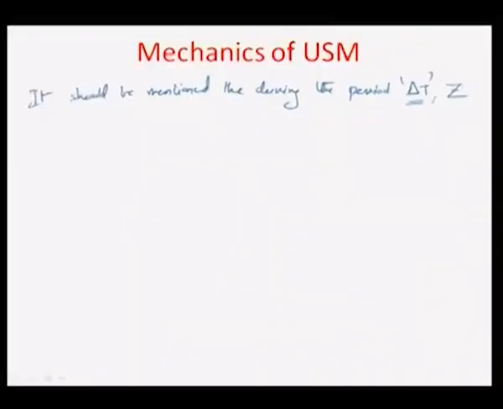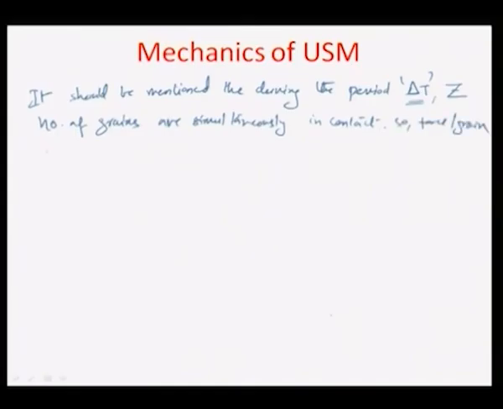Okay. So, in that case, if supposing z number of grains are simultaneously in contact, so force per grain is represented as Fi max by z for obvious reasons.